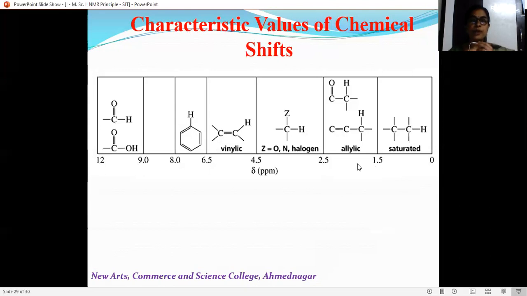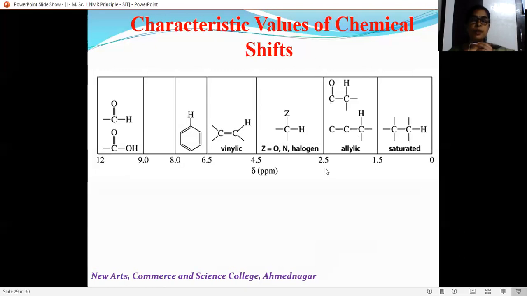Then from 1.2 to 2.5, the protons present on an allylic carbon atom, that is, a carbon atom attached to a carbon-carbon double bond. This carbon atom is an allylic carbon atom, and also the protons present on a carbon atom which is attached to a carbonyl group.